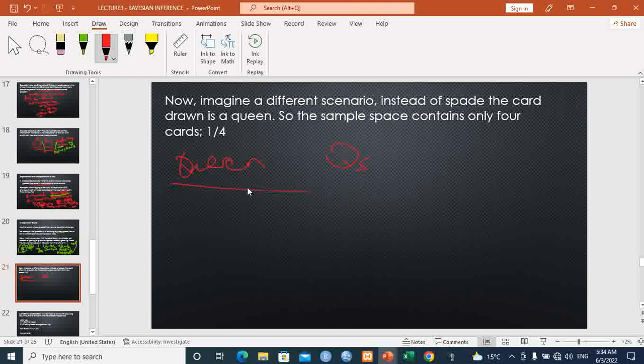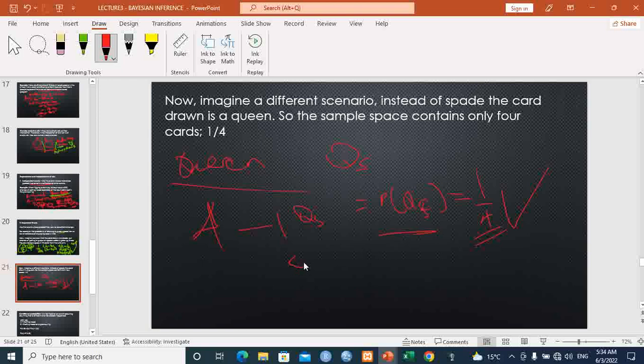Remember, we have 4 queens, and out of the 4 queens, 1 is the queen of spades. In this case the probability of queen of spades has further increased from 1 out of 13 to 1 out of 4. This is again a conditional probability.